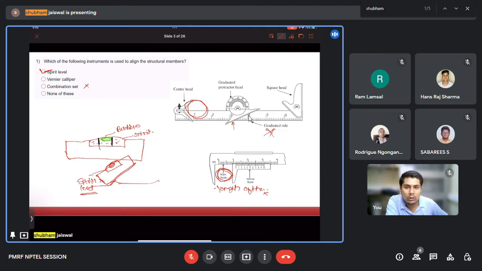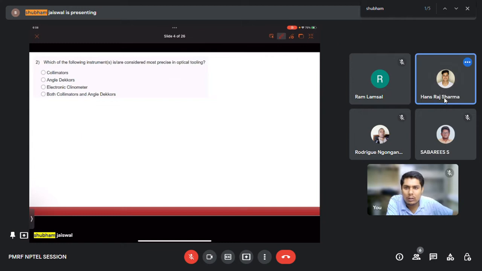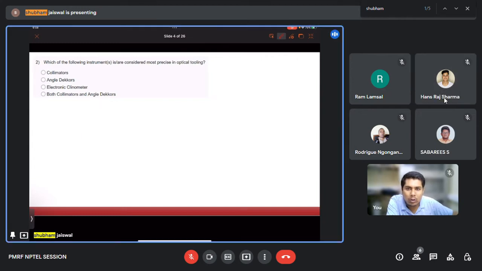Moving towards our next question: which of the following instruments is considered most precise in optical tooling? Can anyone answer this? Mr. Hansraj, Mr. Ramlal? Sir, option D, that is both collimators and angle takers.